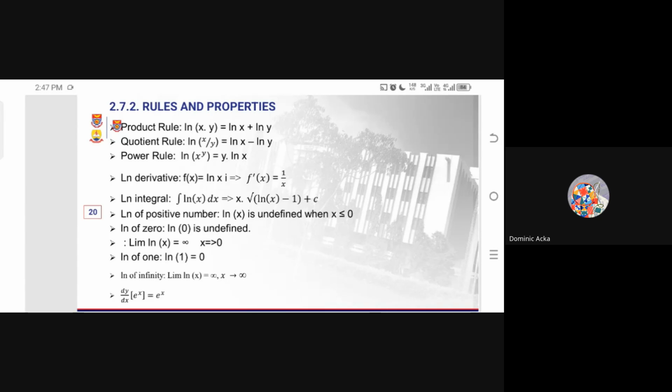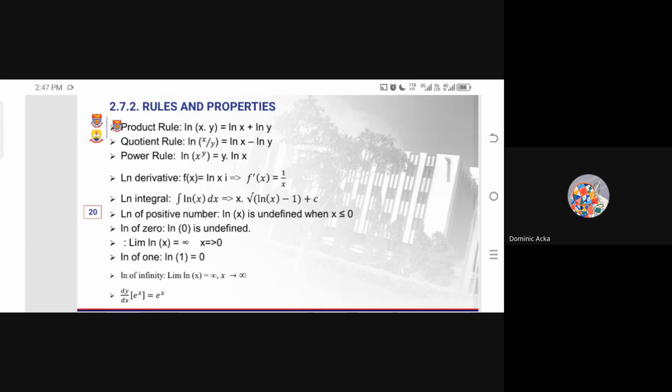Then ln x is undefined when x is less than or equal to 0. We've established already that for ln, the domain should be greater than 0, and ln of 0 does not exist. And the limit of ln x as x approaches 0 from the right is negative infinity.